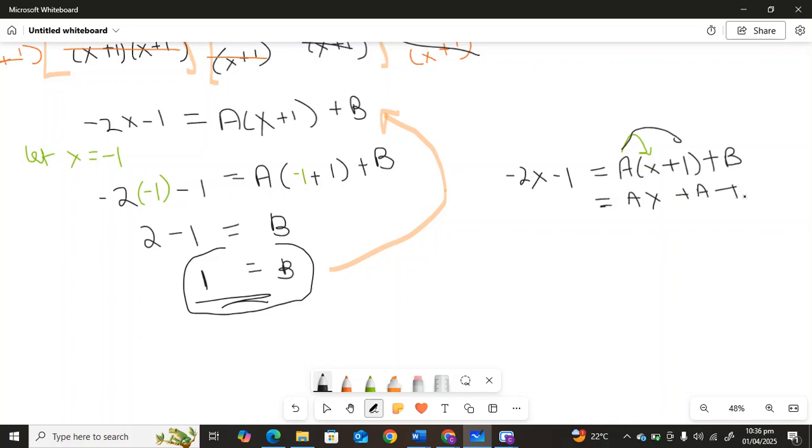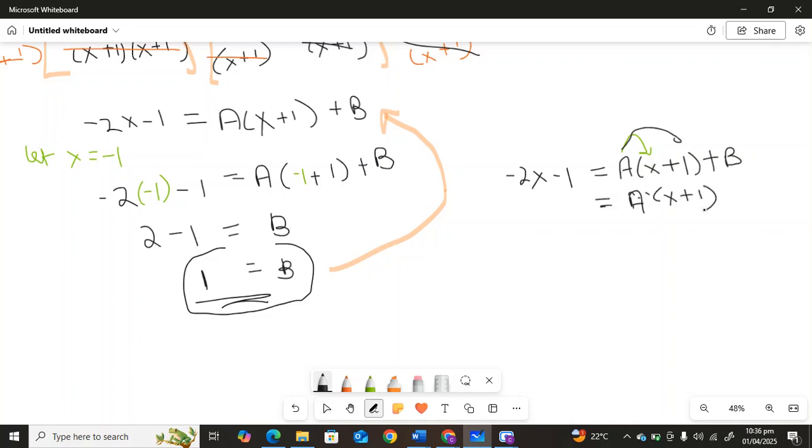B, what's the value of b? Actually, let's not even expand this because we'll do it like this. So we keep this like this. A x plus 1. Because if we expand it, we'll have to factorize it back again.